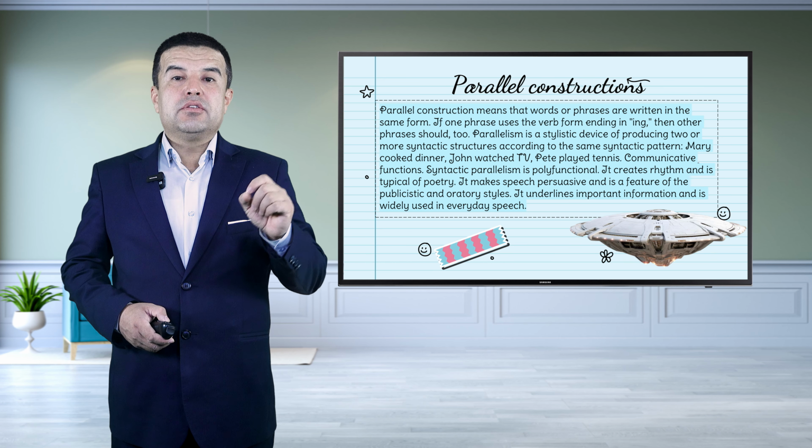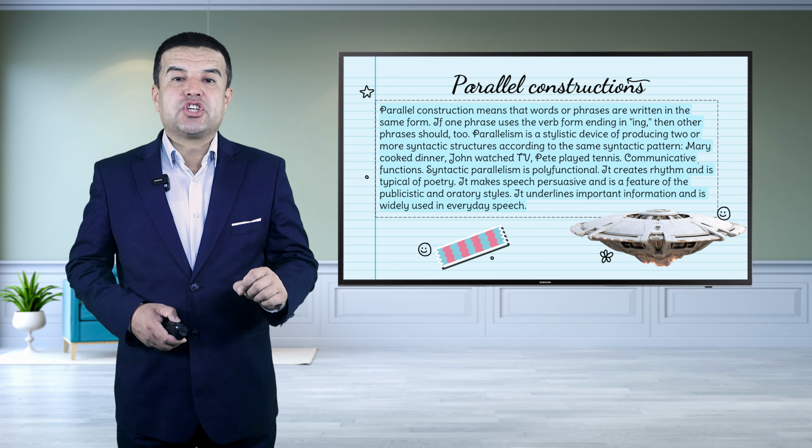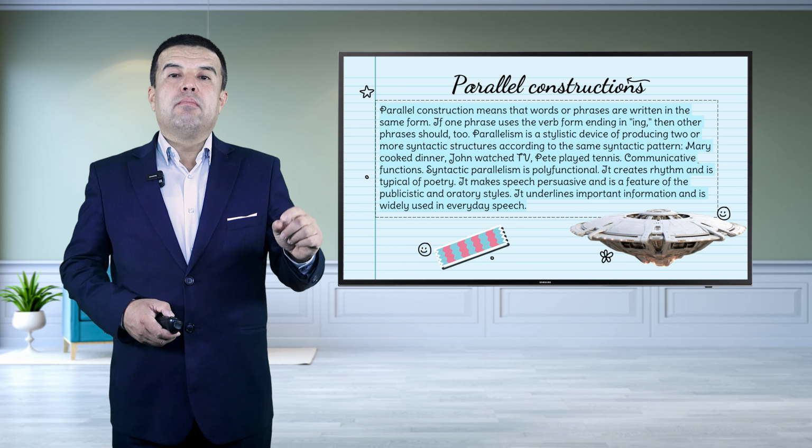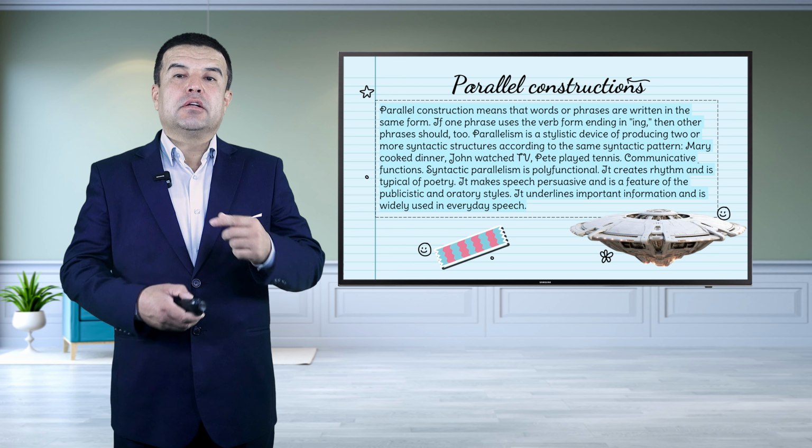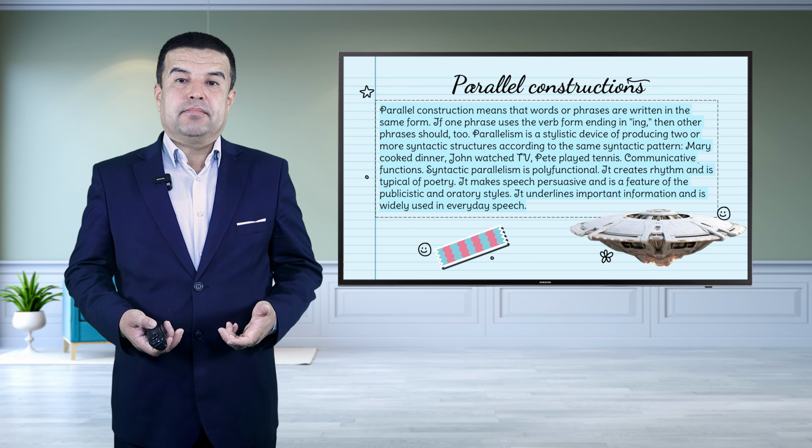Now, parallelism is a stylistic device of reproduction of two or more syntactical structures according to the same syntactical patterns. For example, Mary cooked dinner, John watched TV, Pete played tennis.